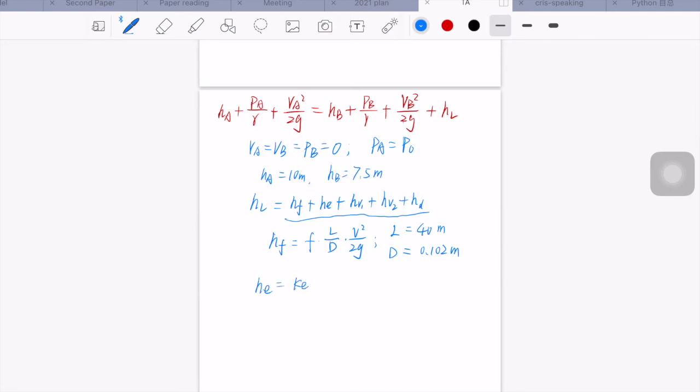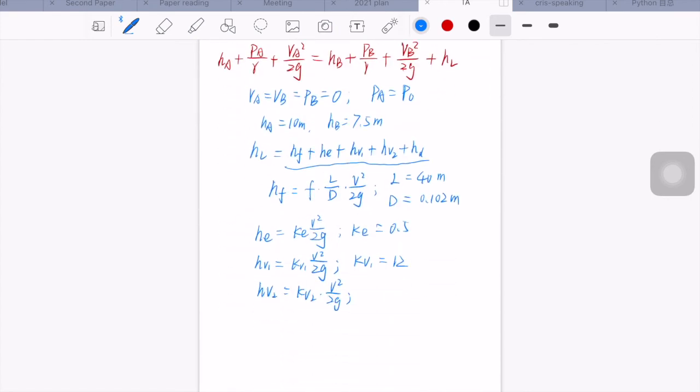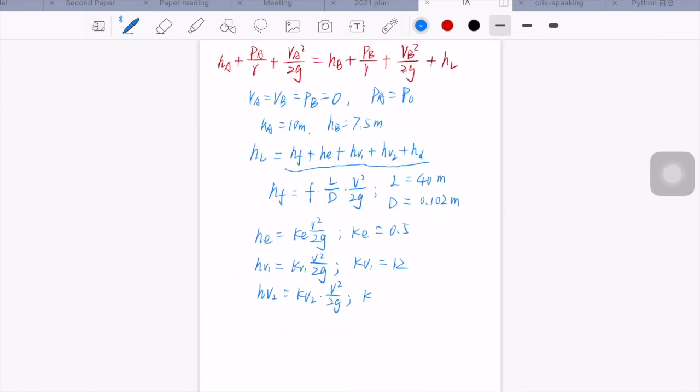And this hE equals KE times V squared divided by 2g, and we know KE equals 0.5. hV1 equals KV1 times V squared divided by 2g, and we know Valve1 is a fully opened check valve, so the coefficient is 12. hV2 equals KV2 times V squared divided by 2g, and Valve 2 is a fully opened globe valve, so the coefficient of this loss is 10.